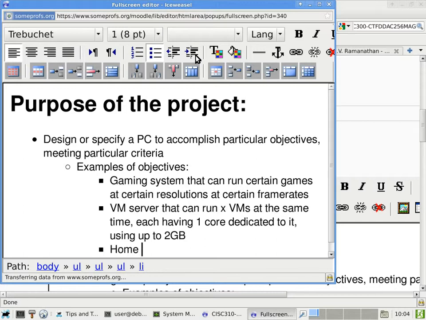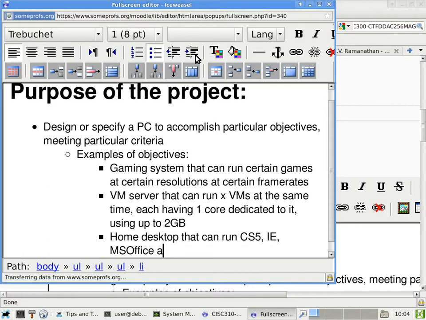Or someone can say a home desktop that can run CS5, IE, Firefox, whatever, Microsoft Office, and let's see, what else do you run on the regular desktop system? Movie Maker. Tetris.